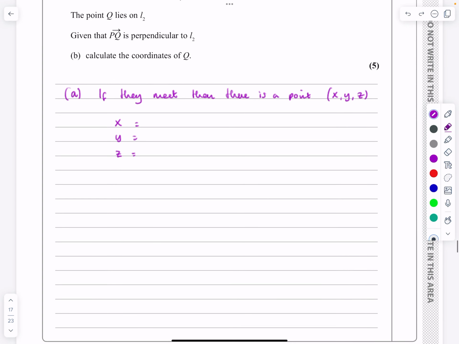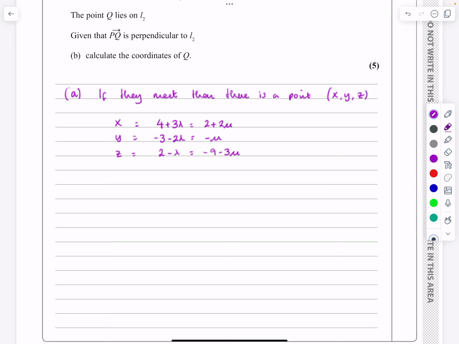So we will say 4 plus 3 lambda is equal to 2 plus 2 mu. We'll say minus 3 minus 2 lambda is equal to minus mu, and we'll get 2 minus lambda is equal to minus 9 minus 3 mu.